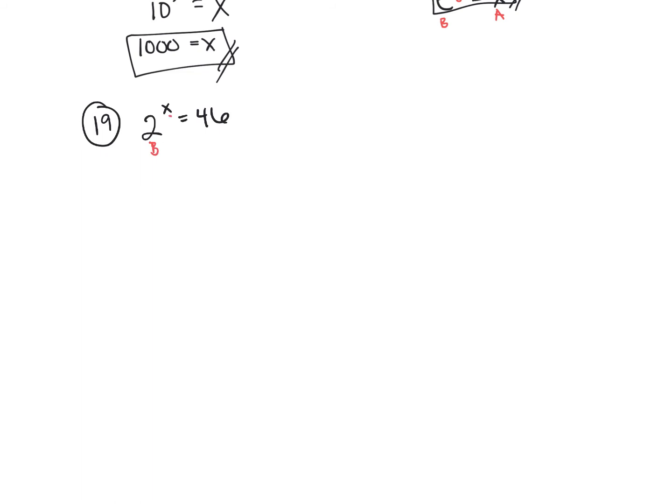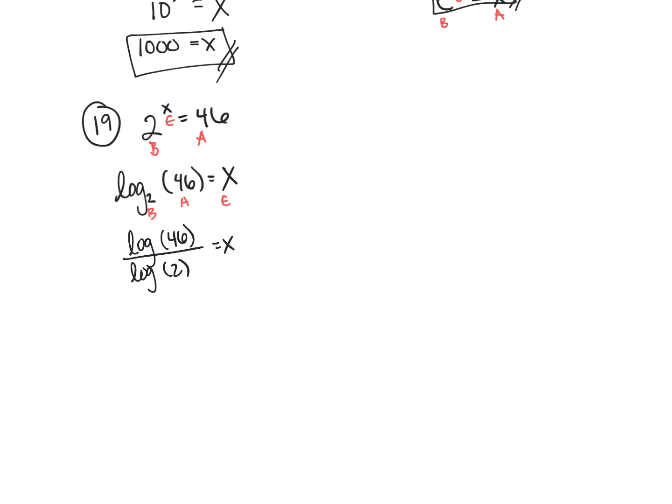If I have my base, exponent, and answer, I can rewrite this as log base 2 of 46 is equal to x, or base, answer, exponent, or log base. Now, some calculators can deal with this base of 2, some can't, so I want everyone to be able to show me that they know their change in base rule. I can go log of 46 divided by log of 2, and plug that into their calculator to get x.